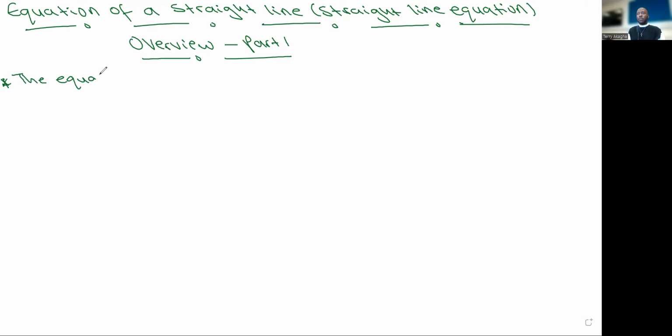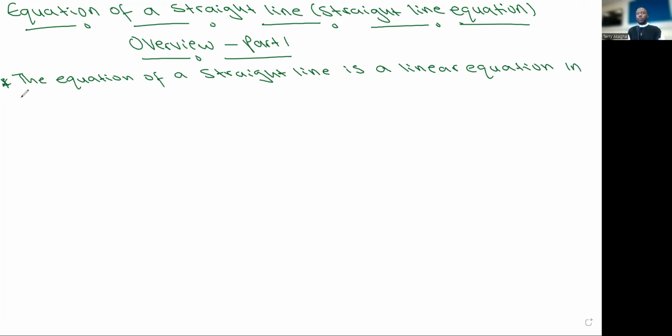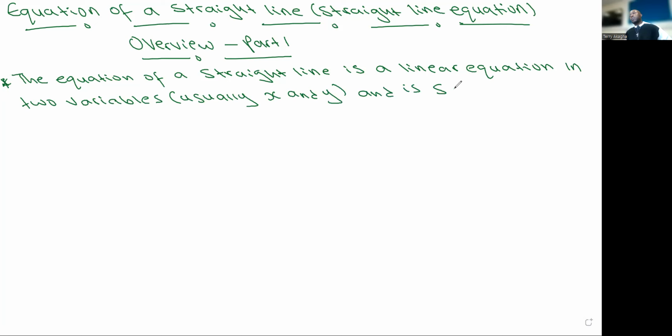The equation of a straight line is a linear equation in two variables, usually x and y, and is satisfied by every point on the line.